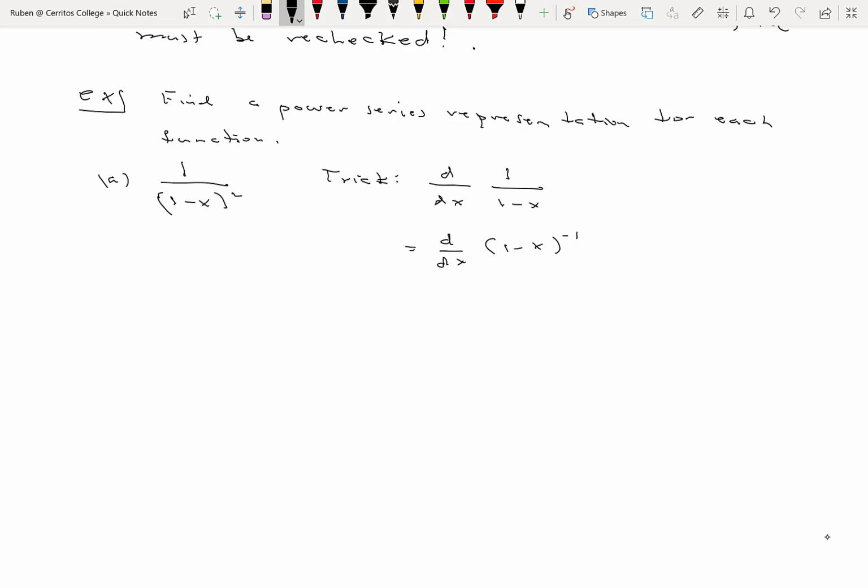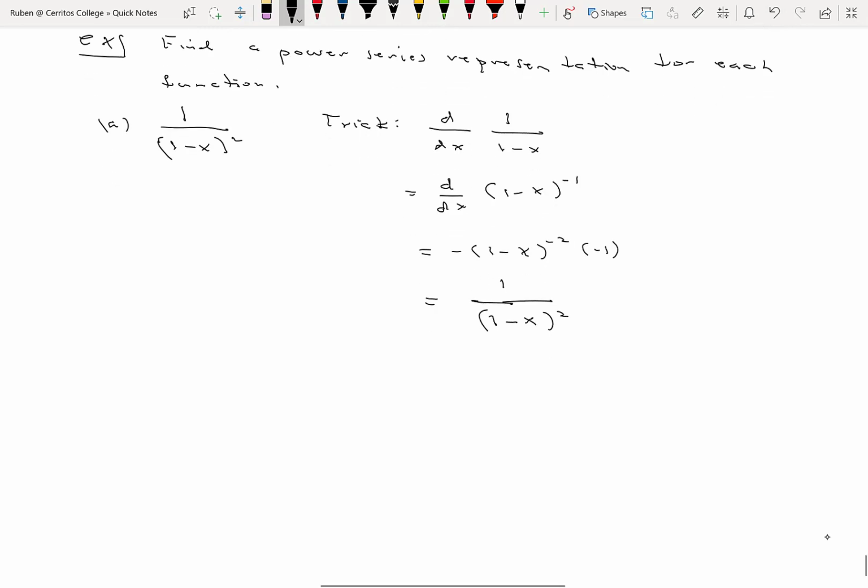It's the derivative with respect to x of 1 minus x to the negative 1, bring down the power, decrease the power by 1, chain rule, multiply by derivative inside. The derivative of 1 over 1 minus x is 1 over 1 minus x squared.